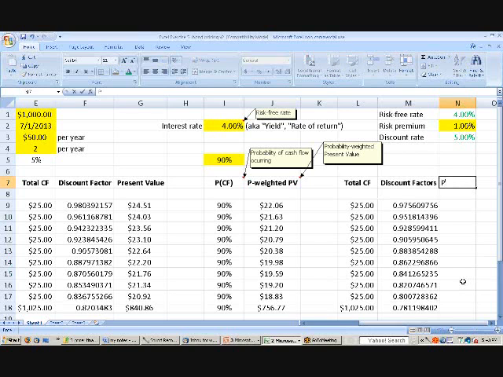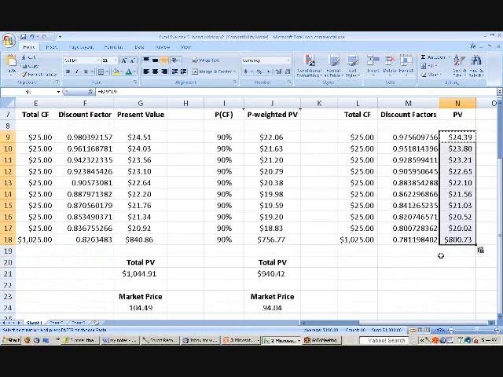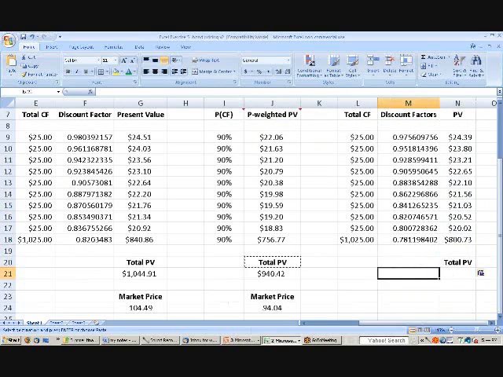And then we're going to recalculate the present value using the new discount factors. So discount factor times cash flow equals present value. Copy that down. And then we're going to calculate the total present value just by summing it up.